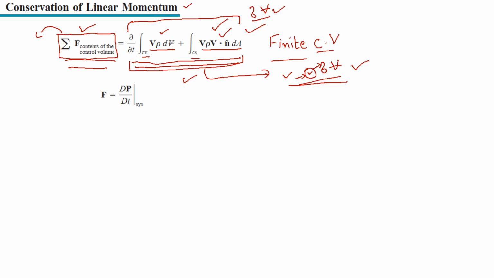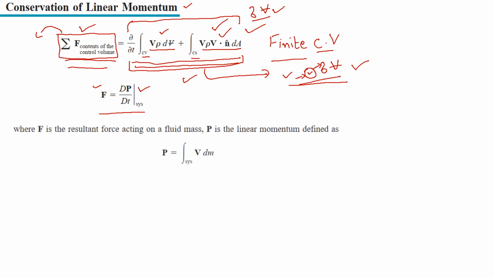So let's take the left hand side of our equation and write it like this, so that the force being applied will result in a change in momentum. F right here is the resultant force acting on a fluid mass, and what will happen? A change in momentum will happen.